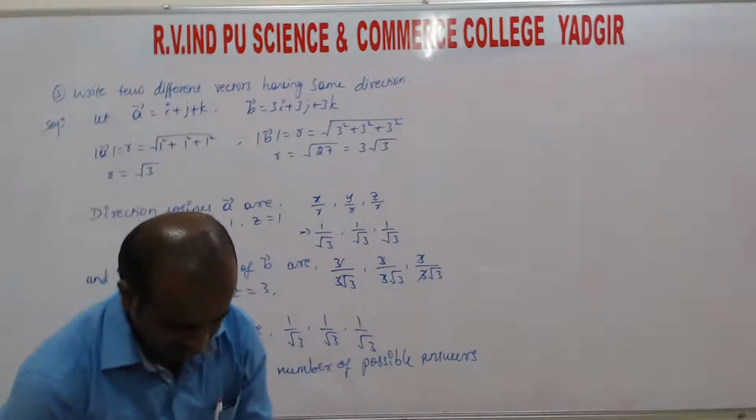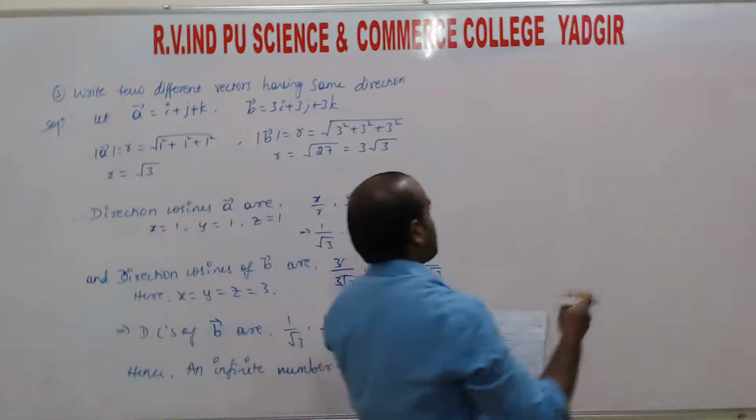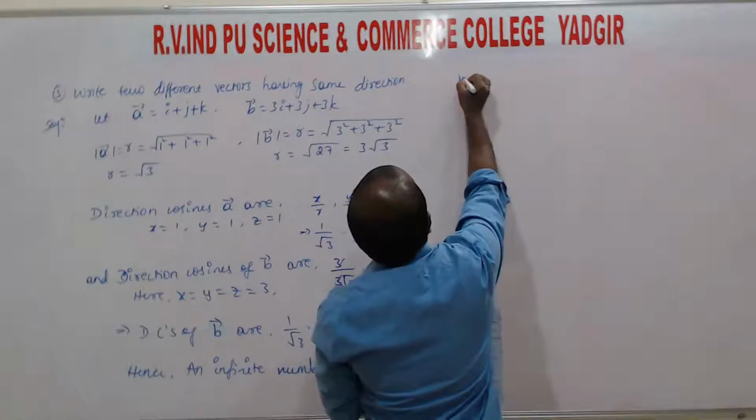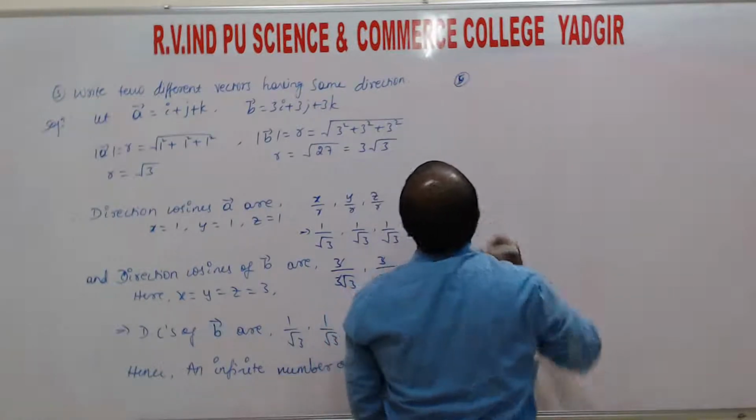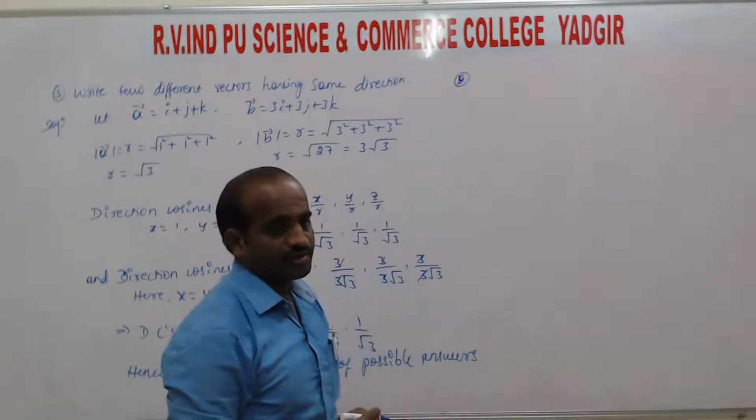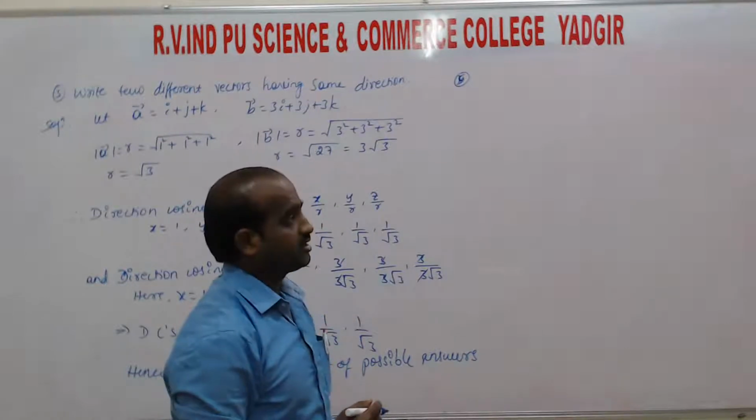Next question. The previous one question is already homework: find the unit vector in the direction of the vector a.